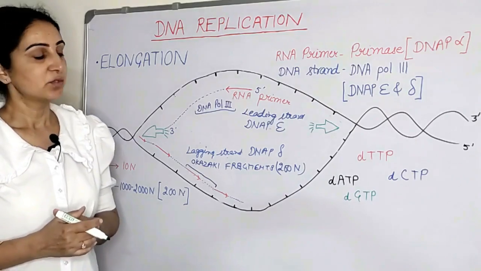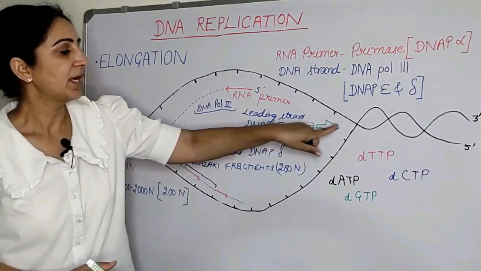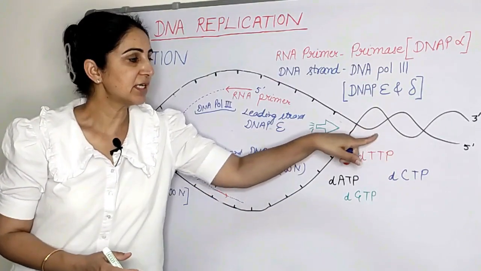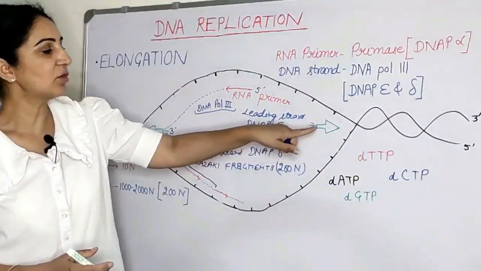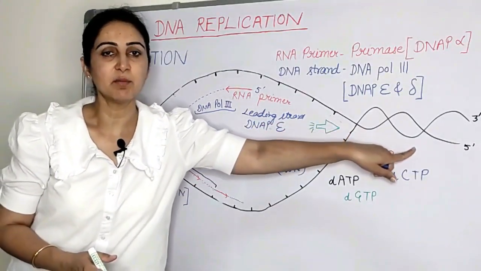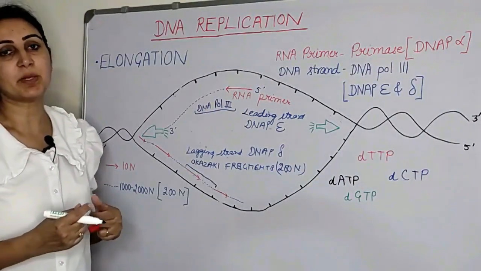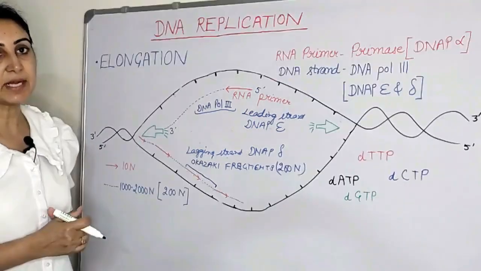So this DNA gyrase, which is present in bacteria and is a type of topoisomerase 2, introduces the negative supercoils. When the process of replication occurs and you introduce the positive supercoils here, these are cancelled by the negative supercoils which had already been introduced in the DNA molecule by DNA gyrase. So this is how the process of replication becomes easy with the help of DNA gyrase.